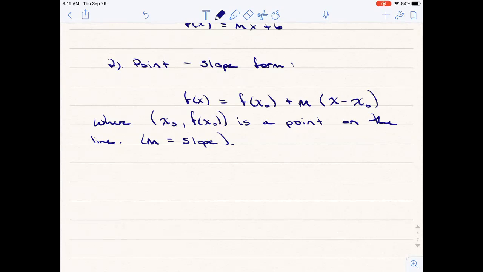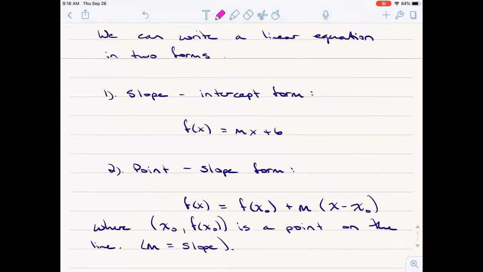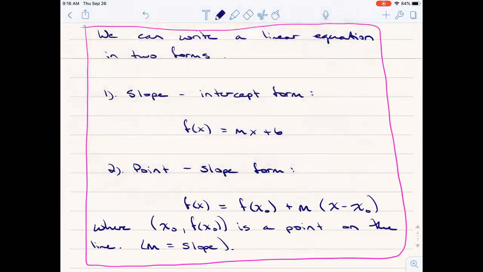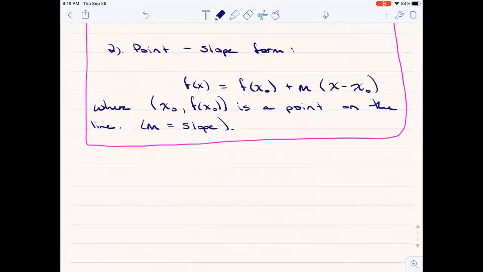So I'll put a square around this because it's just highlighting two facts. x0 and f of x0 are going to be different. Here, x0 is the input, and f of x0 is the output.